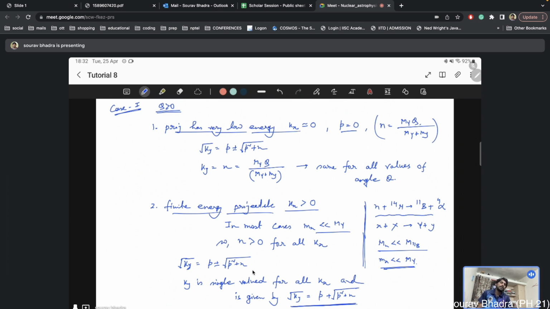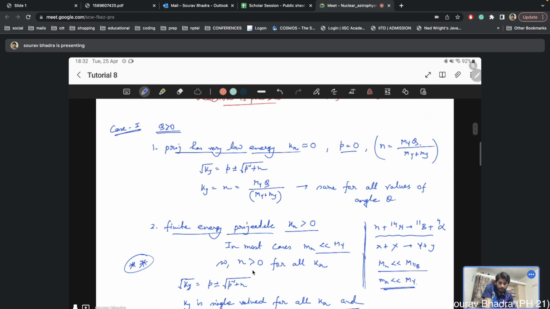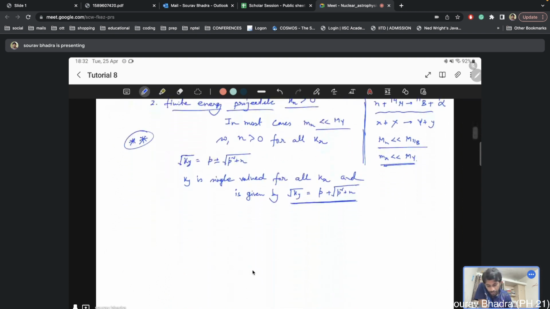There is another part of this assumption that I will come to later, but the second case is much more important. Now till now I have considered q greater than 0, and under q greater than 0 two other assumptions are there. Now case 2, where q is less than 0.